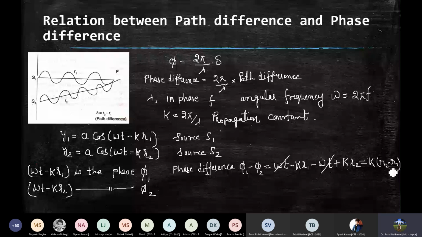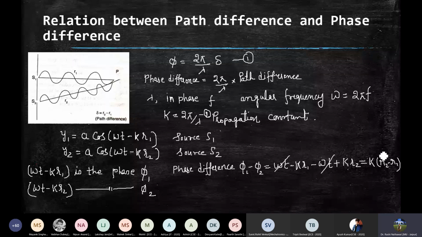I can label this as equation number 1, this is equation number 2, and this is equation number 3. From equation number 1, the phase difference is equal to 2 pi by lambda times delta.